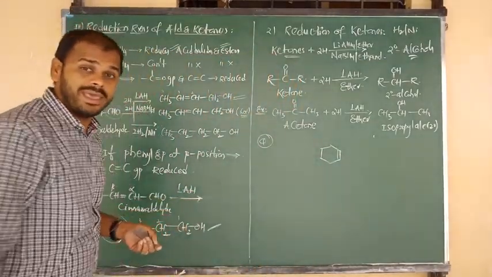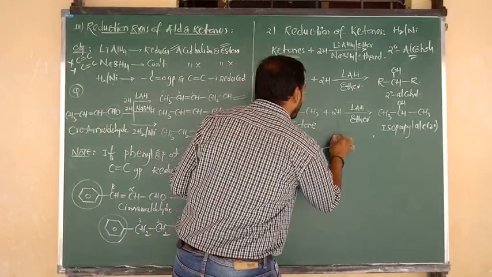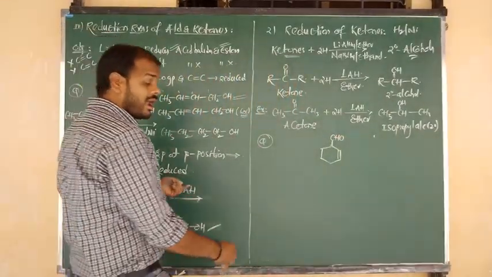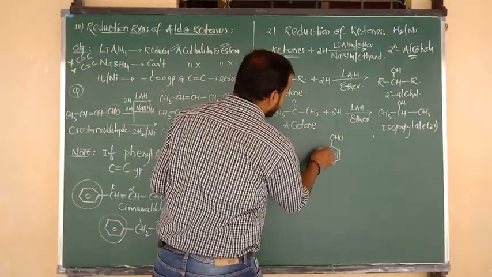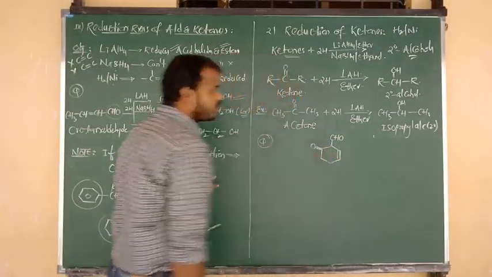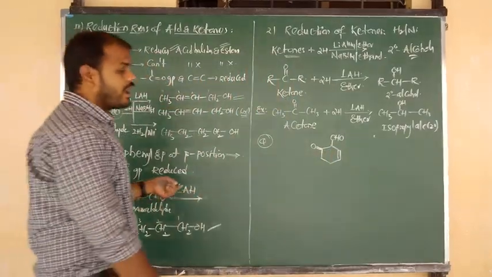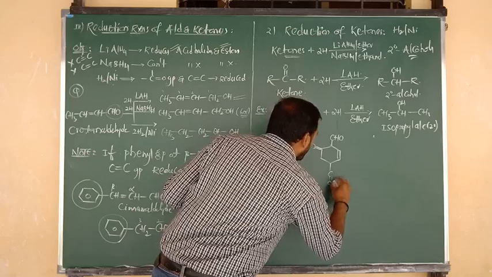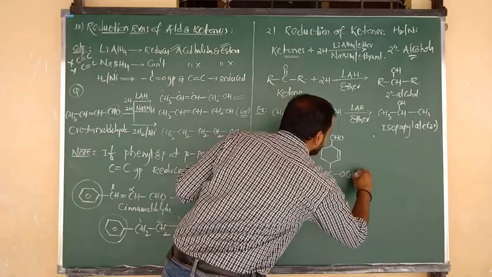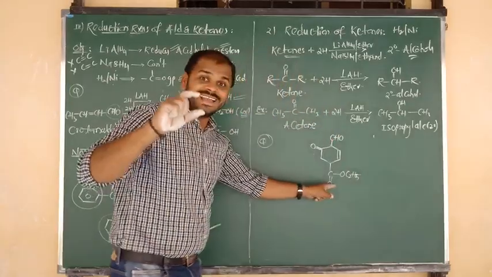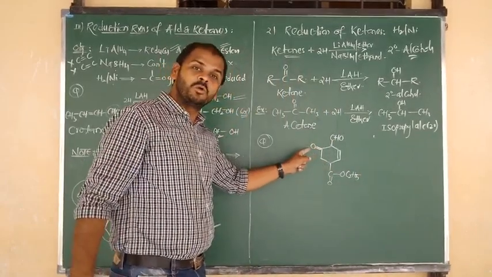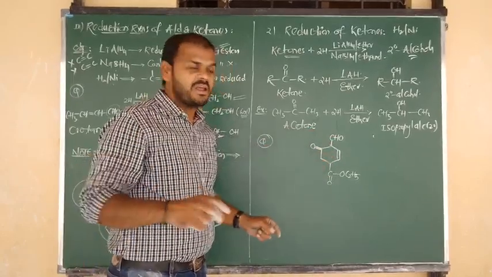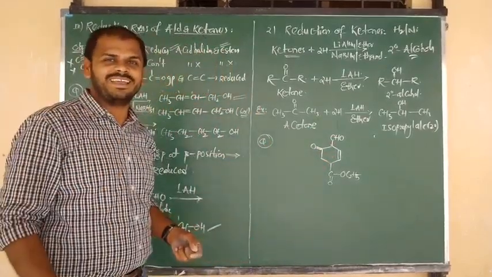Now suppose one carbon is connected to CHO, the aldehyde functional group, and the next carbon is connected to C=O, a ketone, and on the opposite side it is connected to C=O bonded to OC2H5, nothing but an ester group. One side keto group, one side CHO group, one side ester, one side double bond. At a time 4 functional groups are there.